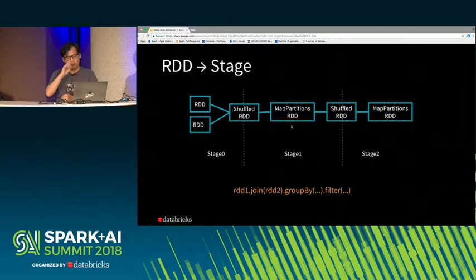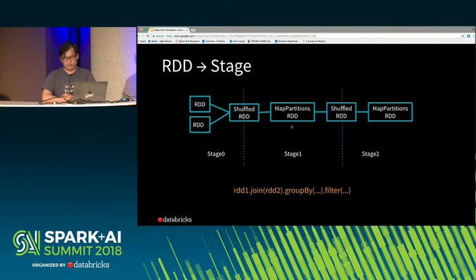So let's begin with a simple example. RDD1 performs a join over RDD2, and then the result is grouped by some column, and finally we filter with some predicates. When this is transformed into RDDs, we can see that the join operator produces a CoGroupedRDD, and that contains a shuffle dependency.